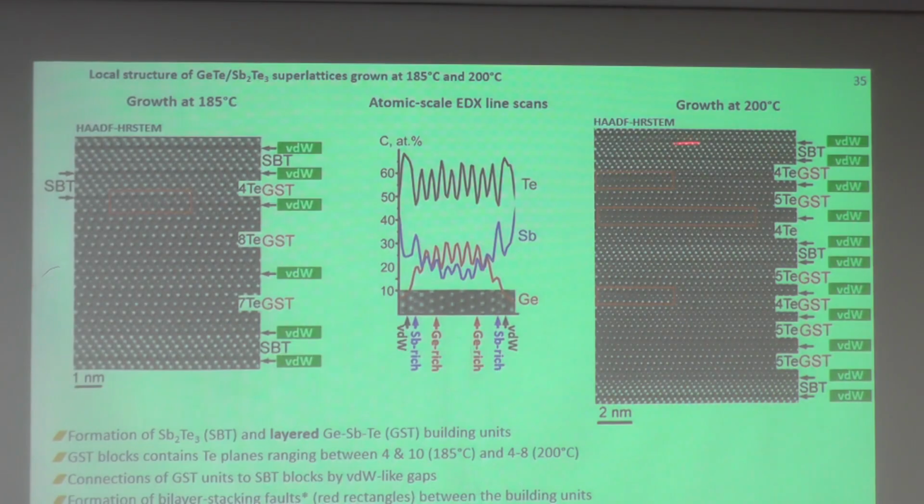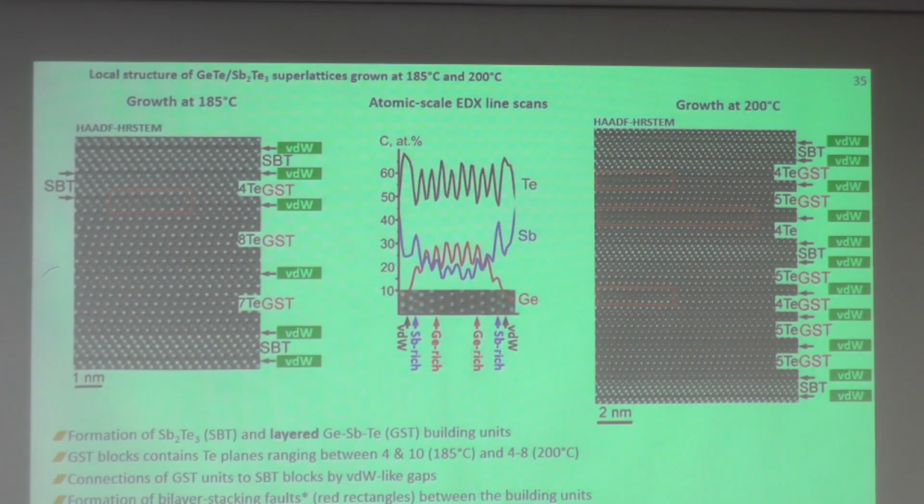At the temperature of 200 degrees C, we observed the formation of 5 tellurium blocks and 4 tellurium blocks, and these blocks are already very close to GST 225 or GST 124, so the composition of such a block is very close. So what we see here is a huge intermixing in this system.